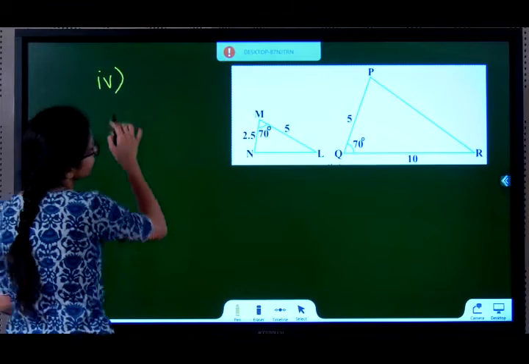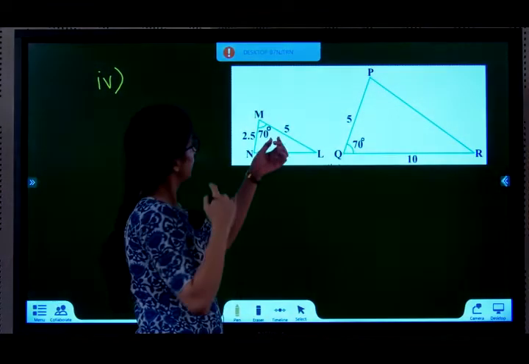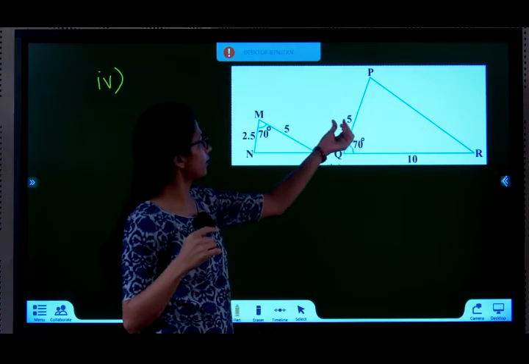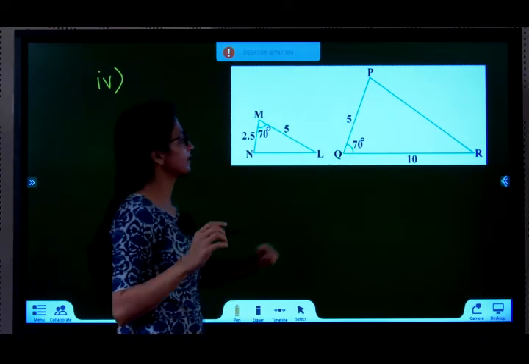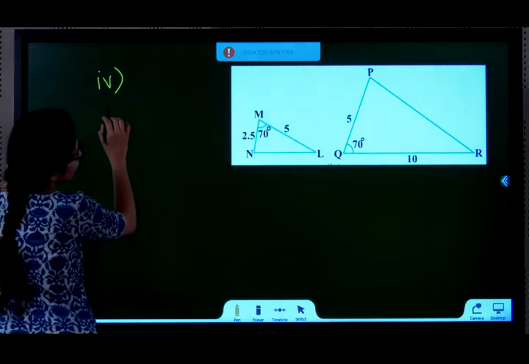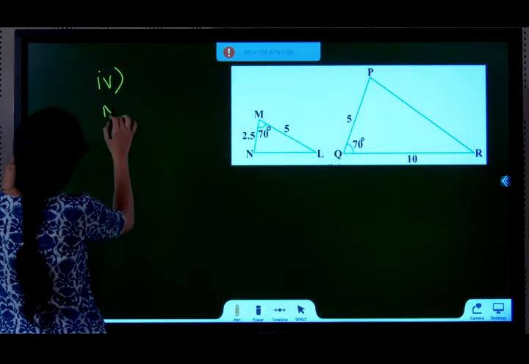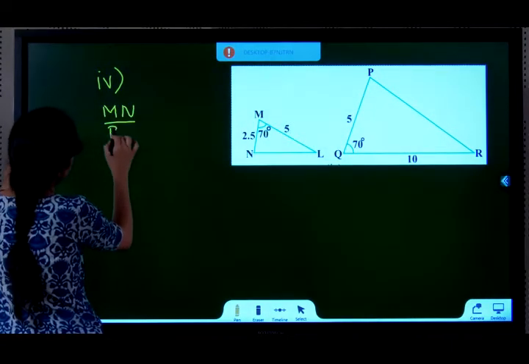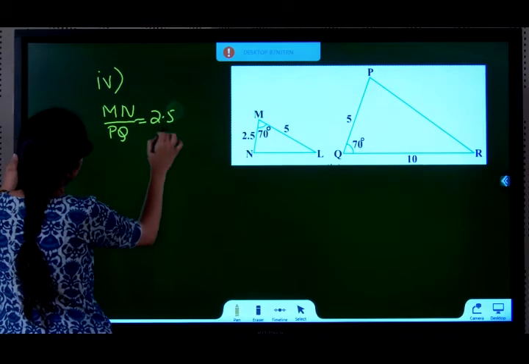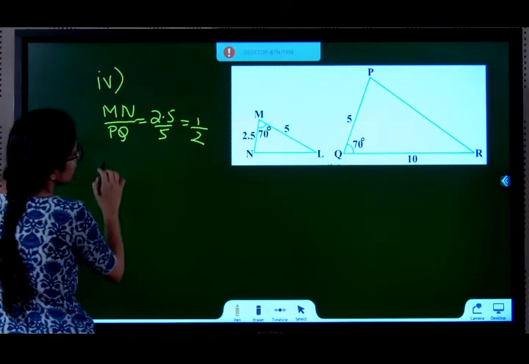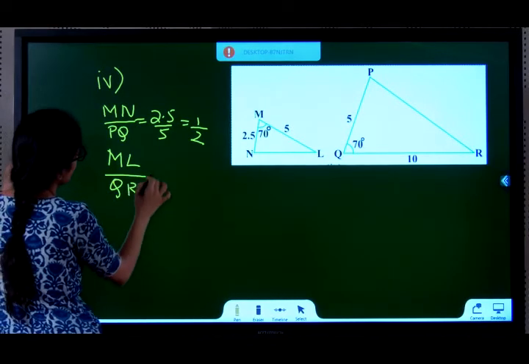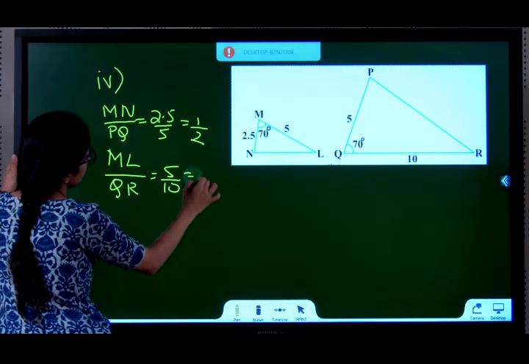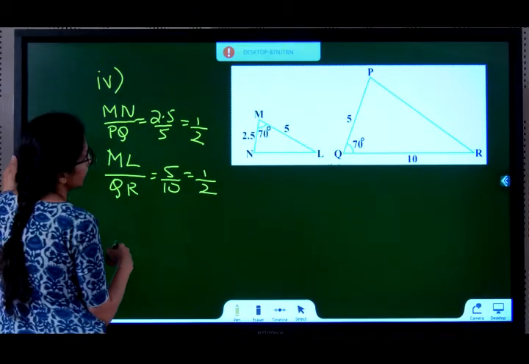Fourth one, 2.5 twos are 5, 5 twos are 10, inclusive angle 70, inclusive angle 70, so it's matching, right? So can we do it like this? MN by PQ, 2.5 by 5, 1 by 2. Next, ML by QR, 5 by 10, which is again 1 by 2.